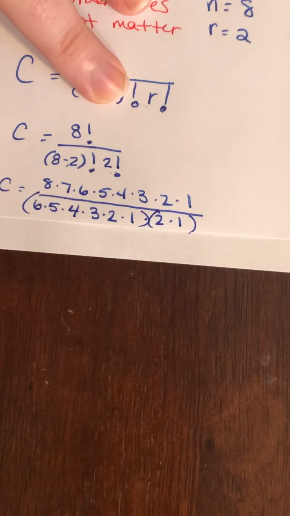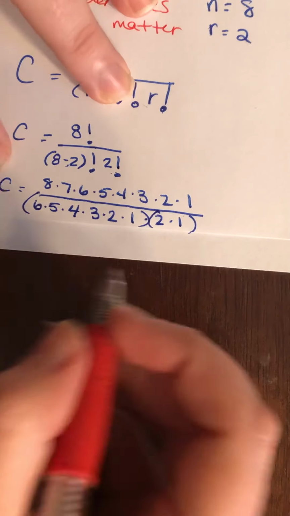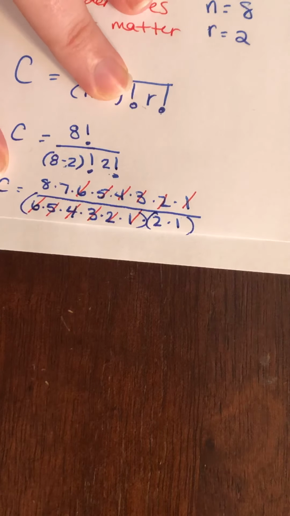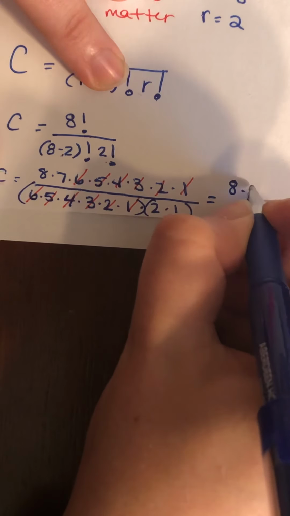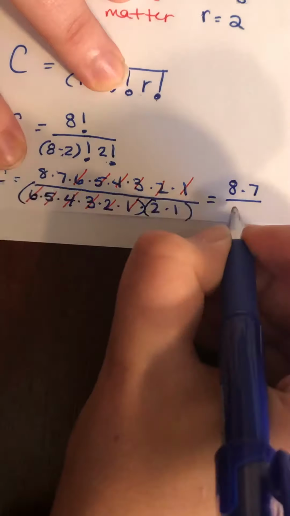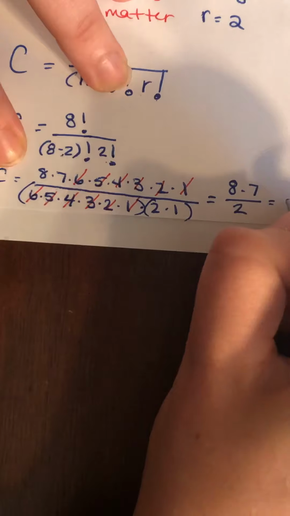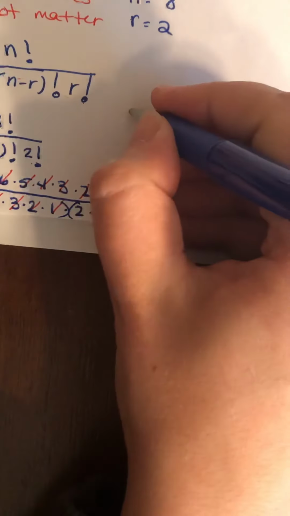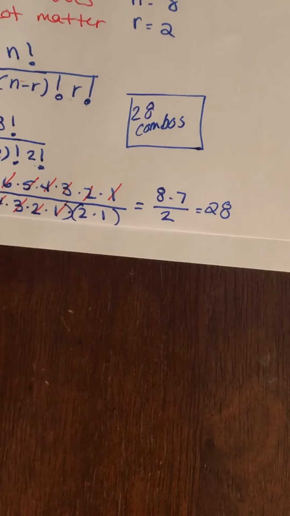You could do all that math out, or you could cross things out: 6 and 6, 5 and 5, 4 and 4, 3 and 3, 2 and 2, 1 and 1. So what am I left with? I'm left with 8 times 7 over 2 times 1. That's 56 over 2, 28. So there are 28 combinations when choosing 2 from 8.